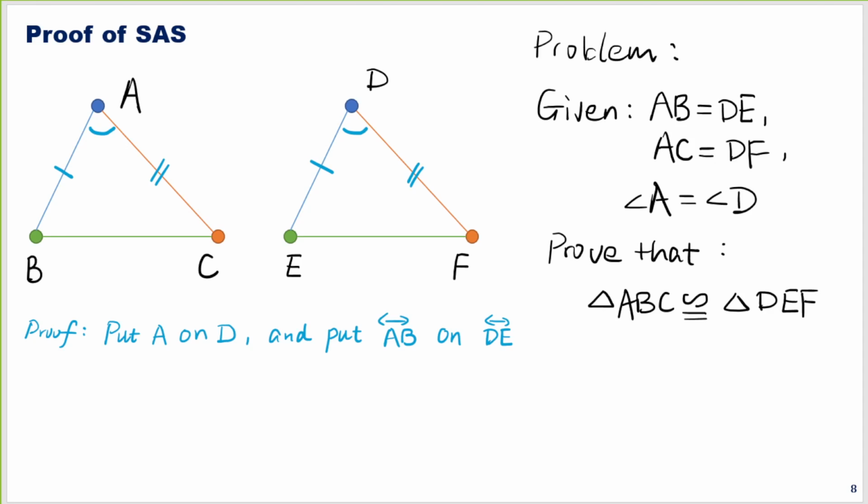Because we only fix one point here and put one line on top of the other one. Then next, because AB equals DE, we have point B must coincide with point E, right?